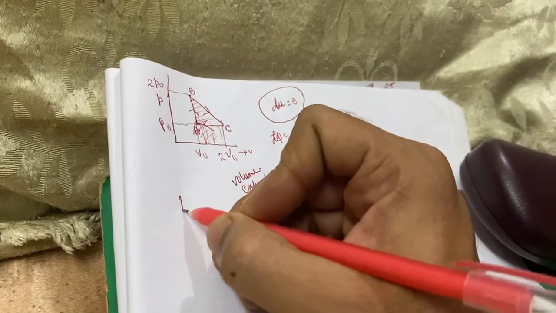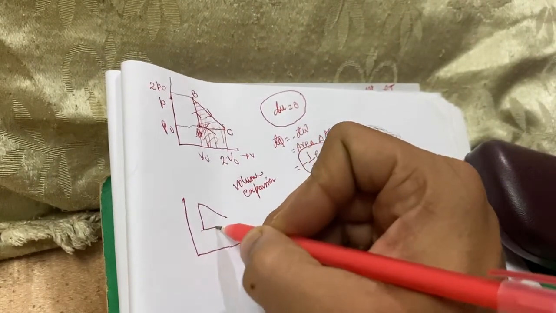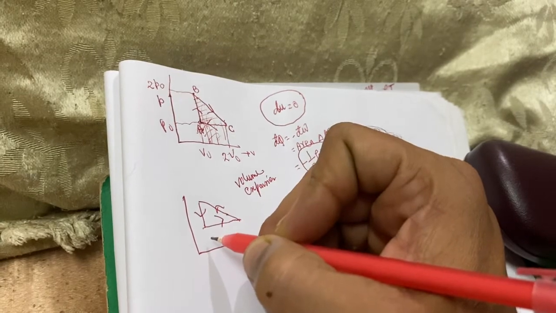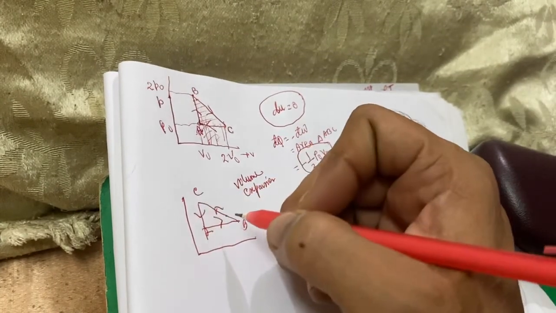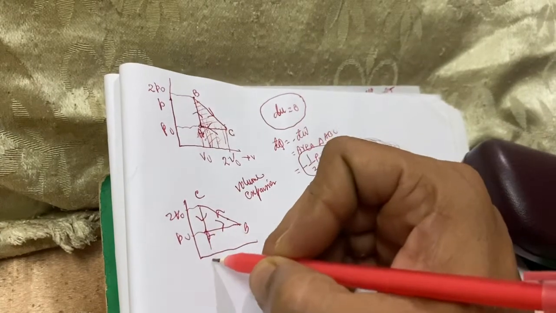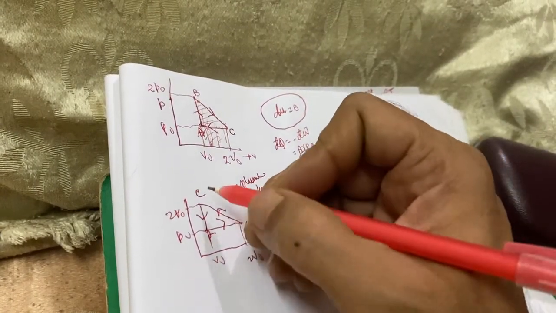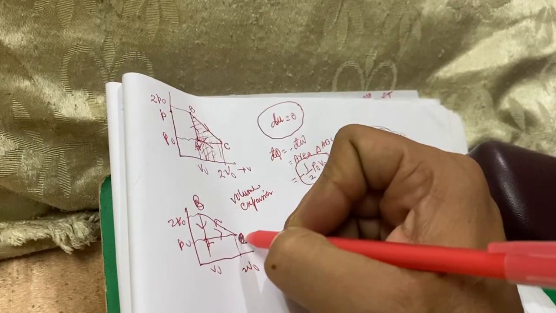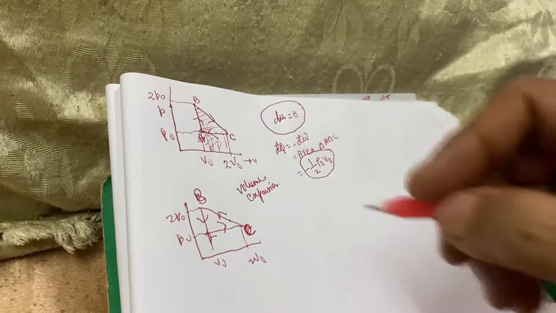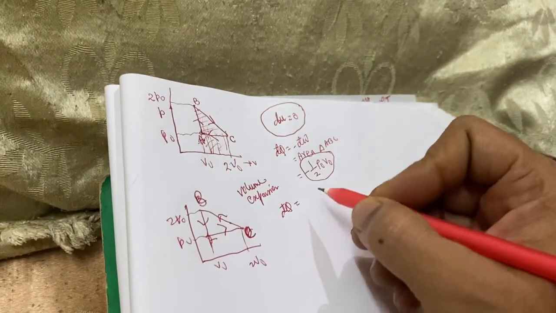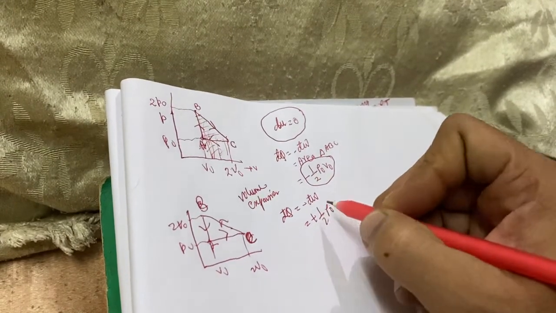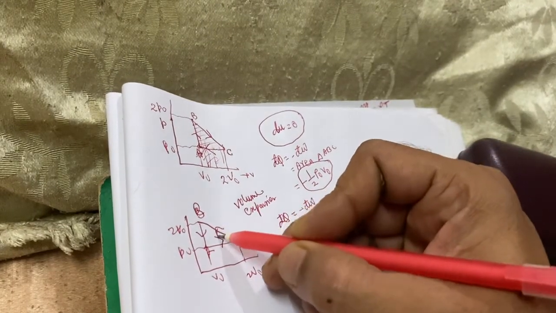If we reverse the process, suppose the process is like this, changing the direction of the arrow A, B, C, with the same twice P0, P0, V0, twice P0, keeping the same A, B, C. Here dq is equal to minus dw, and it would be plus half P0 V0, because the volume contraction took place.